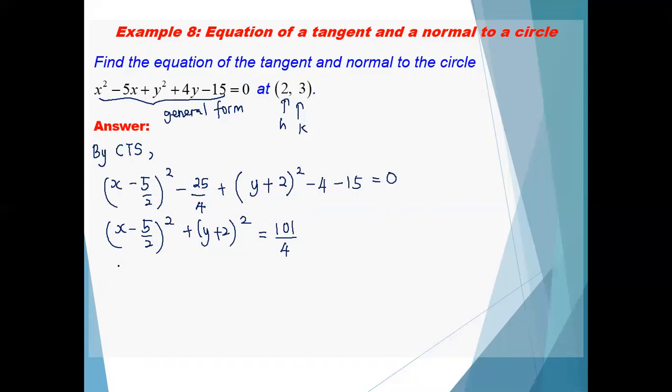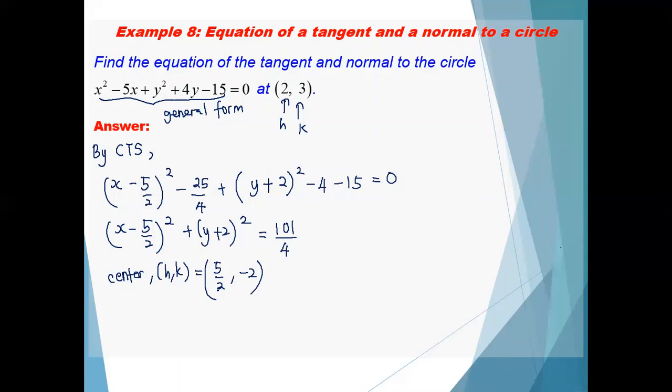So from here, the center HK is at 5 over 2 and negative 2.